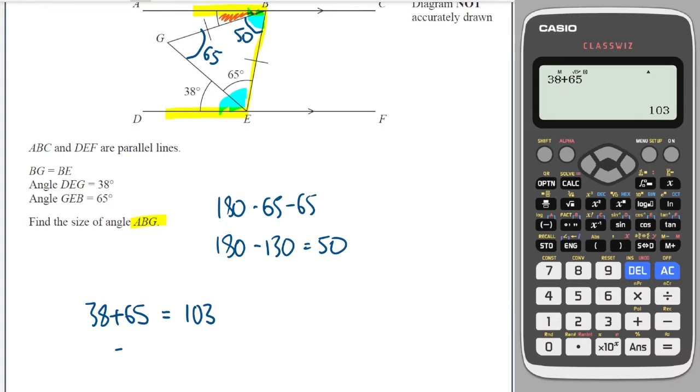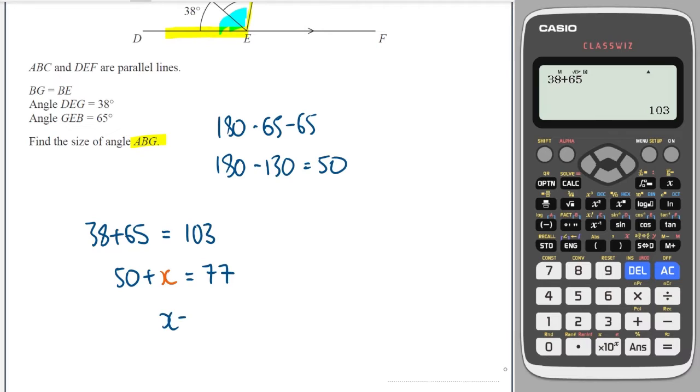So therefore 50 plus our orange angle, let's call that X, must equal 77. Because co-interior angles mean they add to 180. So therefore we get that X is equal to 27.